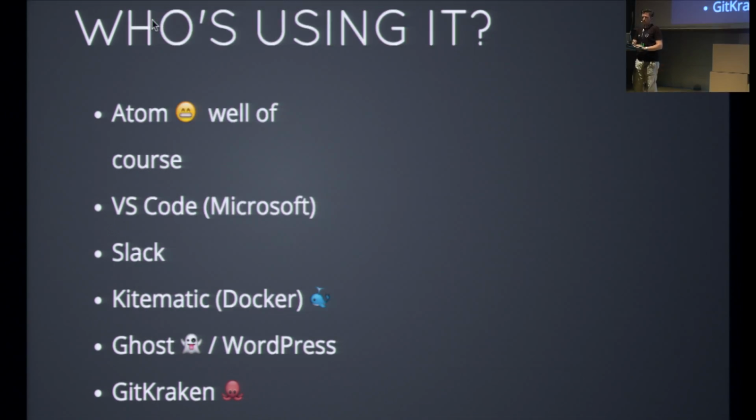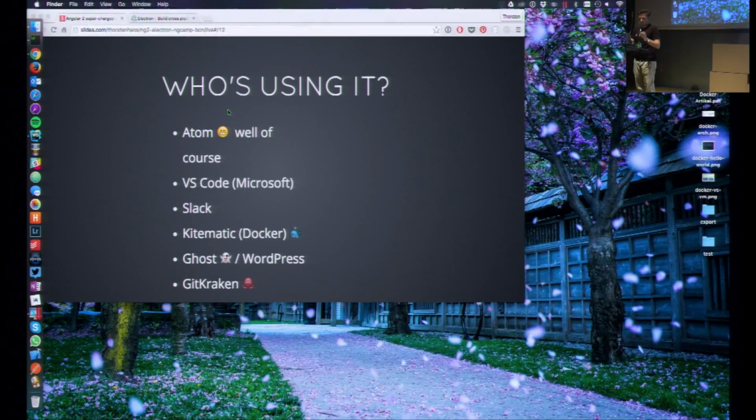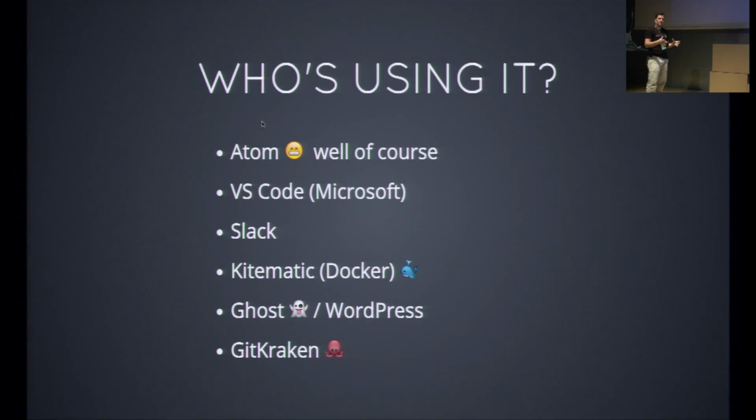So a lot of famous apps, the list is even longer, as I said, were using Electron as their platform and are bringing their existing single-page applications to all platforms. And they're addressing even more customers. Because who was forced to create an Angular 2 application and support Internet Explorer?